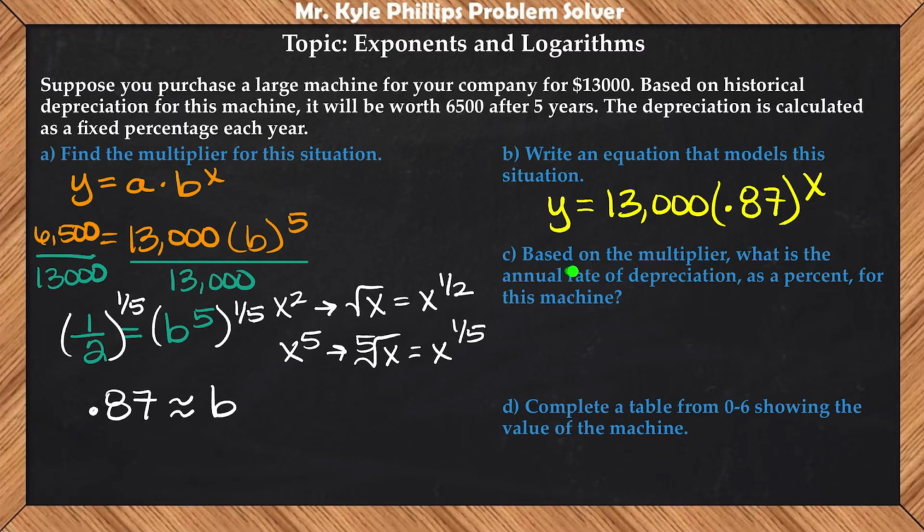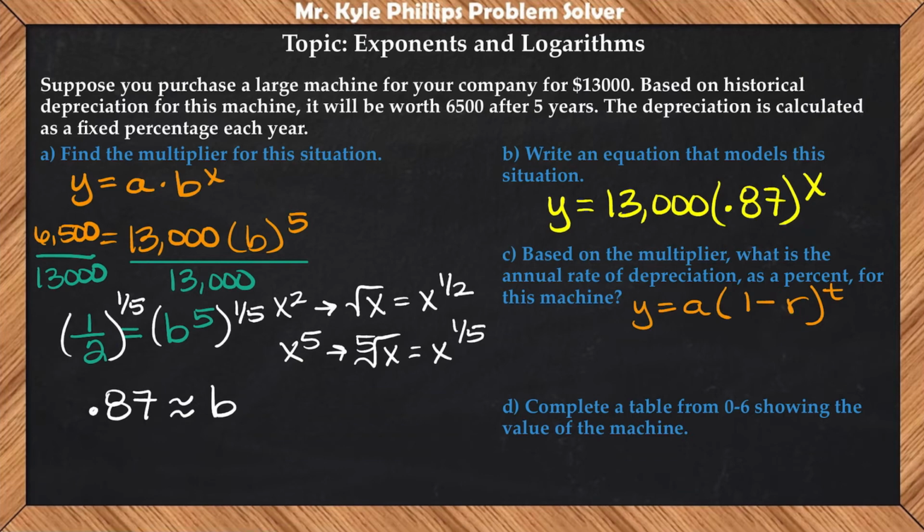So on C it says, based on the multiplier, so based on 0.87, what is the annual rate of depreciation as a percent? Now, you've also seen this formula before. You've seen y equals the initial amount and then 1 minus the rate raised to either the x or the t. It just depends on what book you're looking at. Both, in this case here and here, are both representing a change in time. So R, this is always your rate, your percentage written as a decimal.